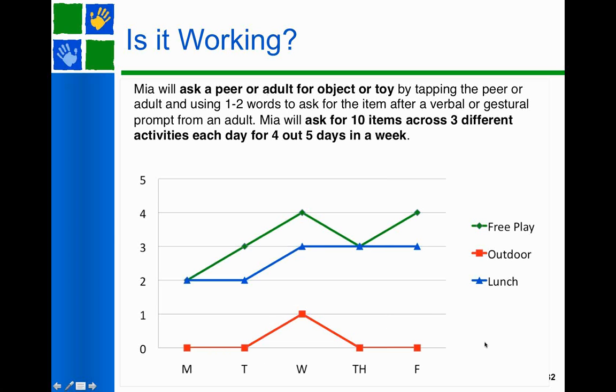Perhaps children, because the outdoor space area is so big, aren't in close proximity to peers or adults, and so the teaching staff might want to think about how they might change up the structure of the outdoor activity if they wanted to embed instruction on this learning target during that activity, and they felt it was logical to do so. So those are the kinds of decisions that we can look at when we think about "am I doing it" and "is it working."